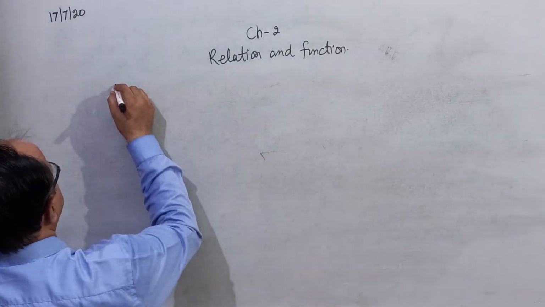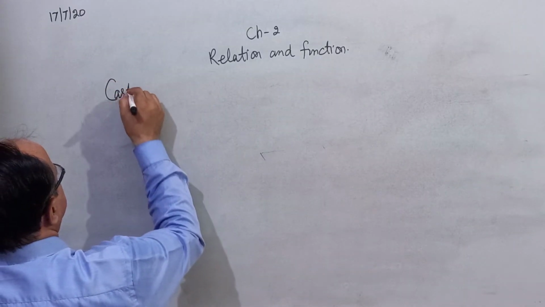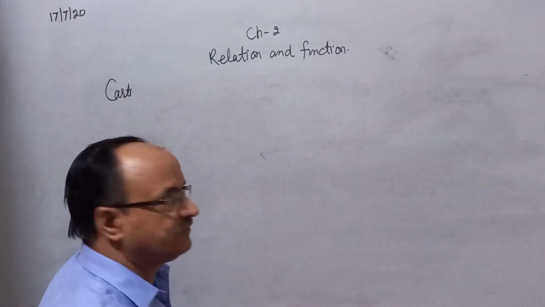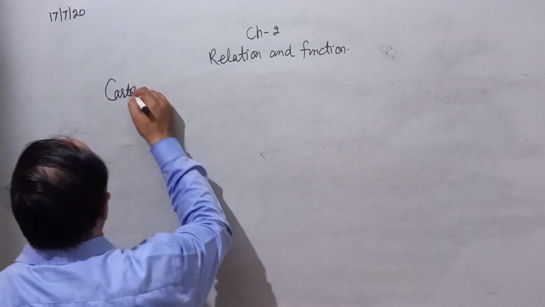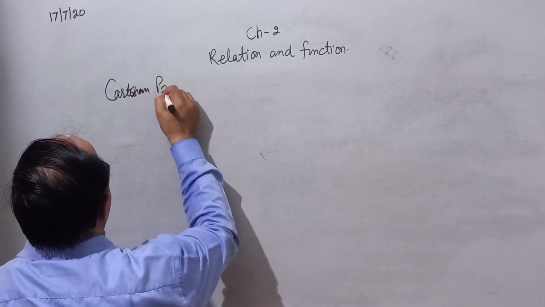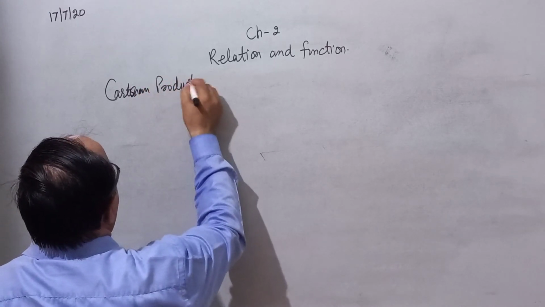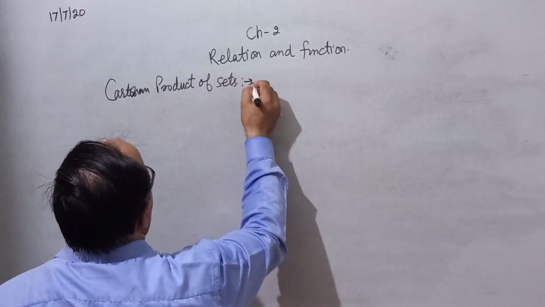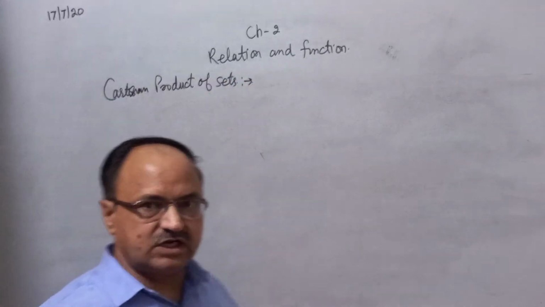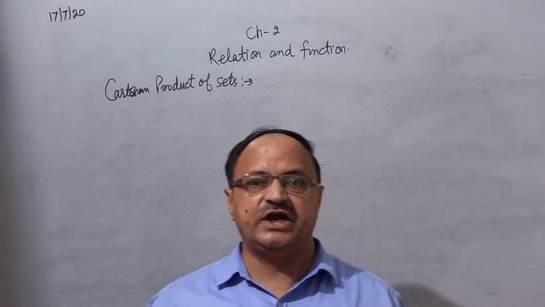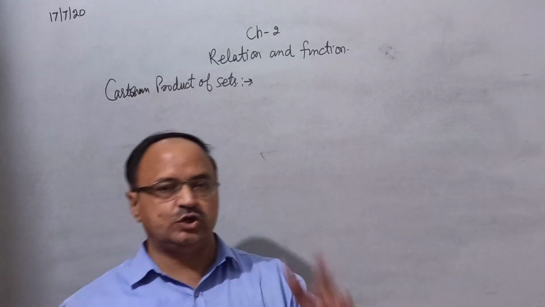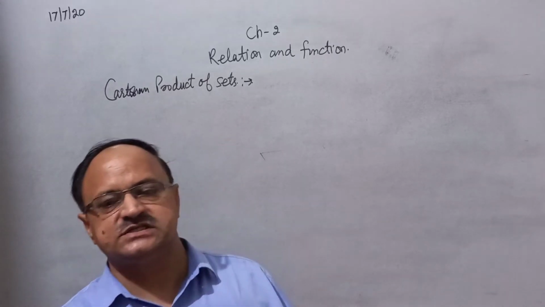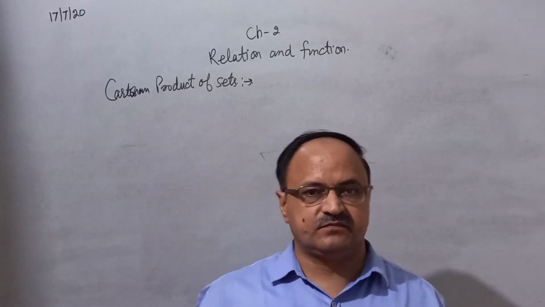First, Cartesian product of sets. Suppose there are two non-empty sets P and Q, non-empty meaning the set is not empty.